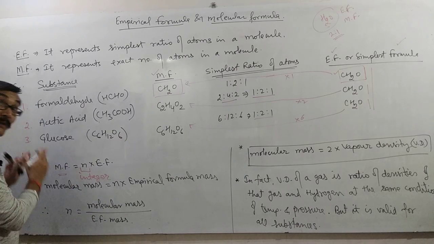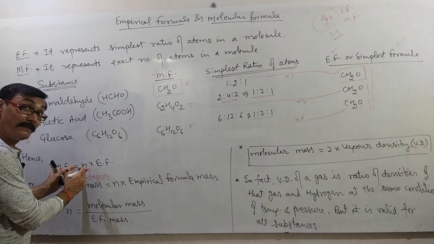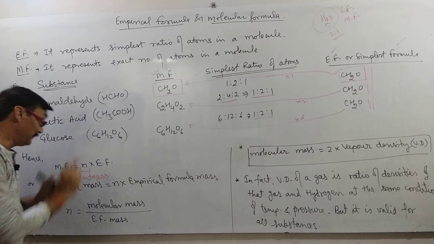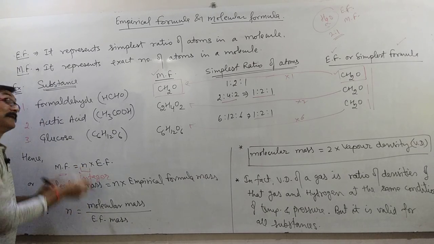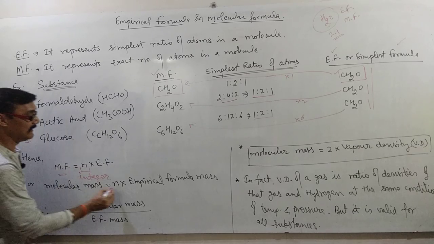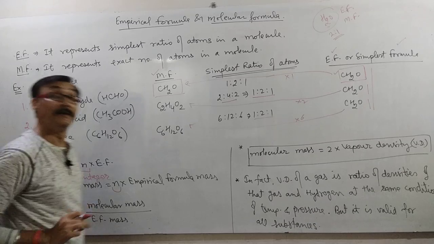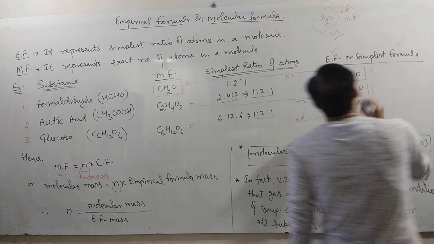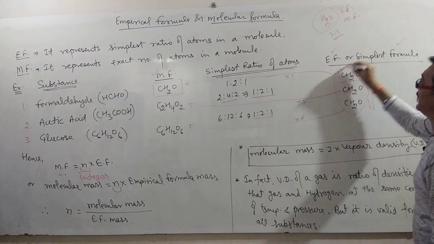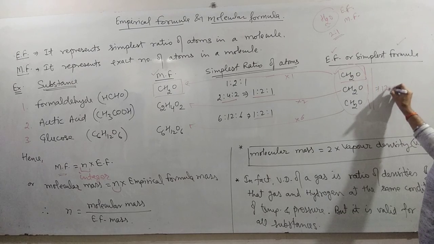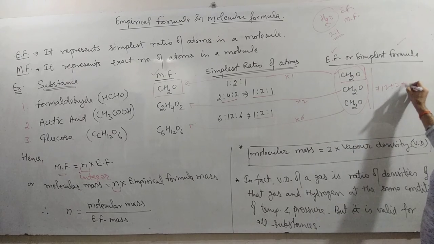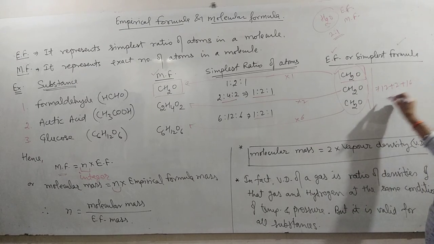If the molecular formula is an integral multiple, then it is clear that the molecular mass will also be an integral multiple of the empirical formula mass. For example, the empirical formula mass is carbon 12, hydrogen 2, plus oxygen atomic mass 16.